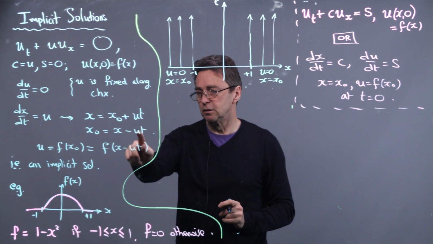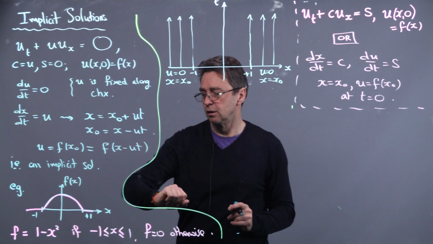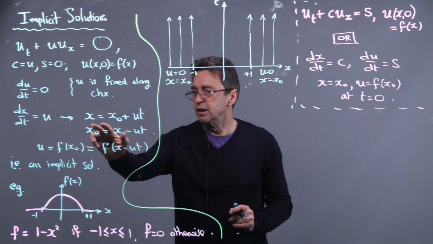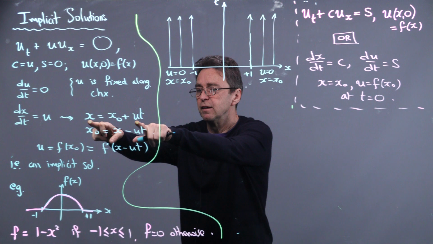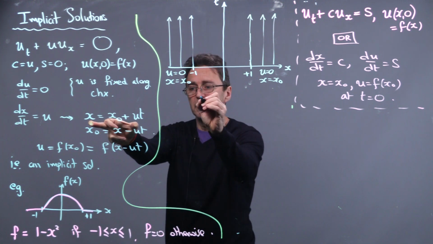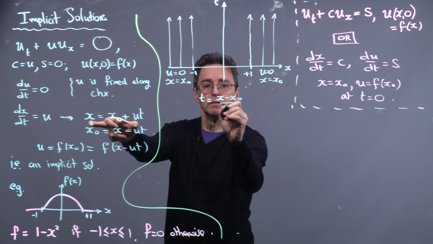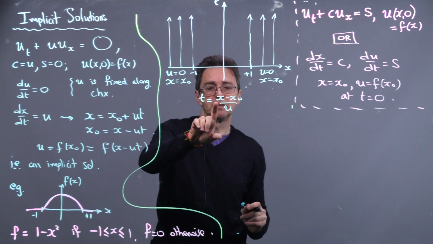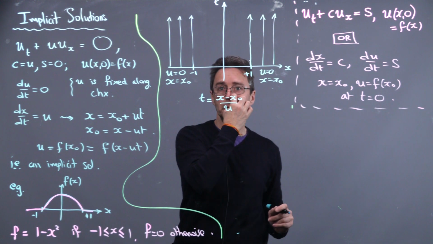However, since u is no longer 0 but positive, in fact it goes between 0 and 1, then what's going to happen is that the slope of the characteristics now changes. Maybe it's better to write this as t is equal to x minus x0 over u, since we're drawing t against x. And so the slope of the straight lines on this picture will be 1 over u.